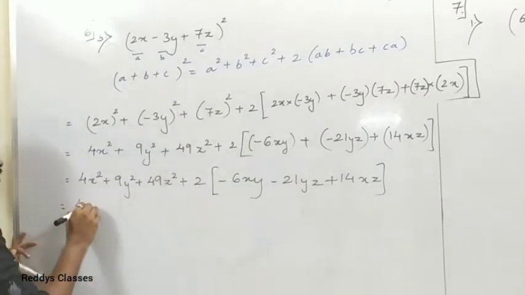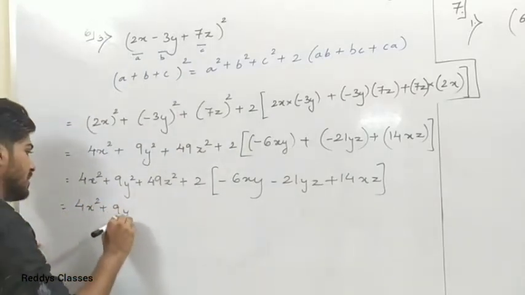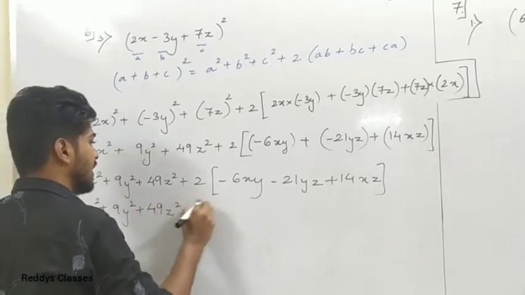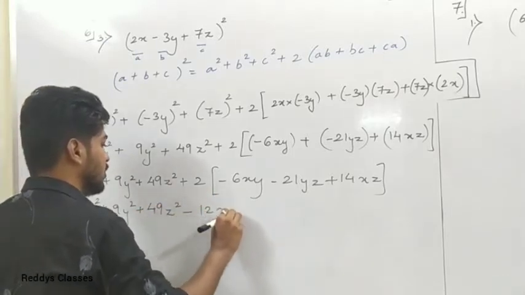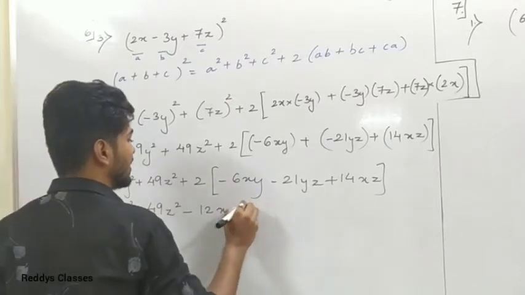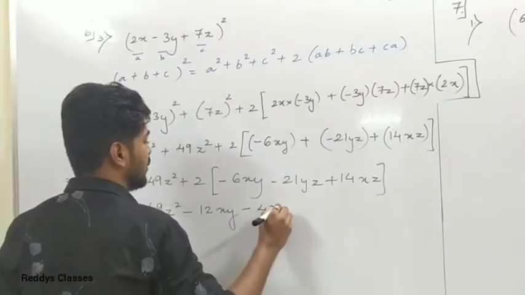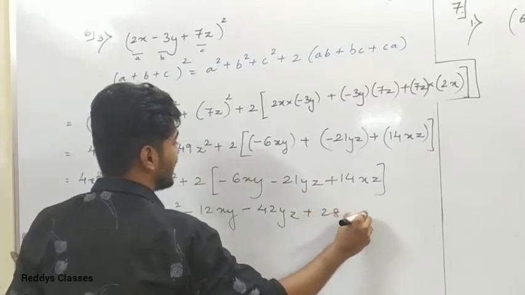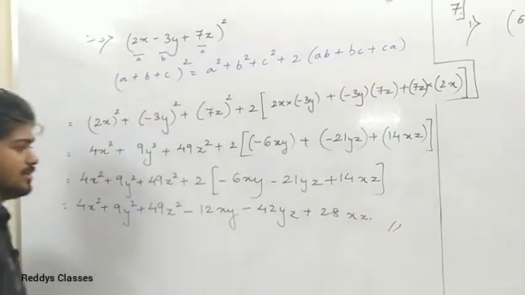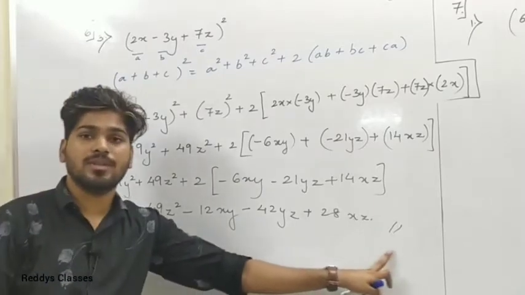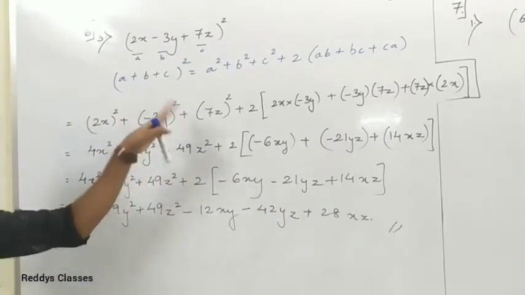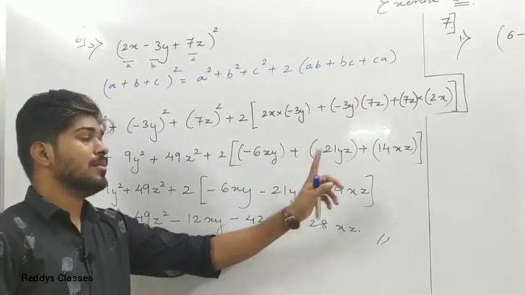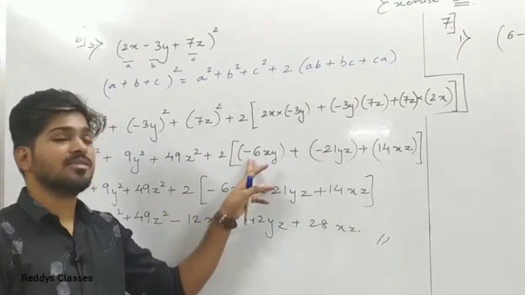Now 4x square plus 9y square plus 49z square, minus 6 into 2 is 12xy, minus 21 into 2 is 42yz, plus 14 into 2 is 28xz. Here we get the answer. So this is the exact way to solve it. You will have to use the multiplication tricks here. Make sure when there is any minus sign, negative sign, you have to use the bracket.